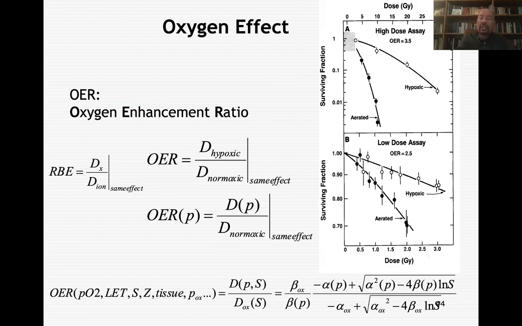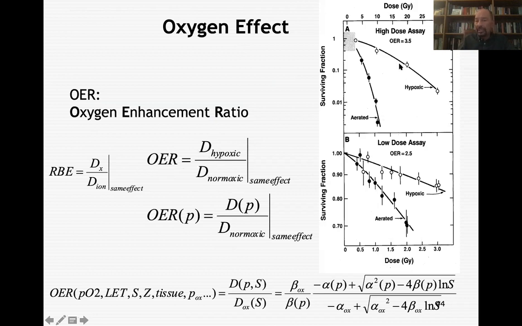The oxygen enhancement ratio, or OER, is essentially the ratio of the dose in hypoxic and normoxic conditions. Normally you assume something like 0% and 20%, which are the extremes. They're not really like that in normal tissues, but this would be the case.